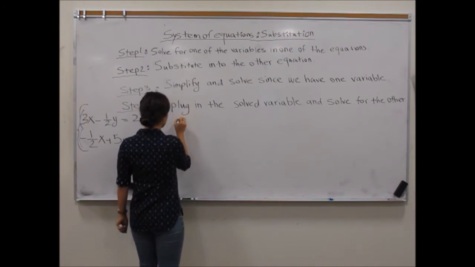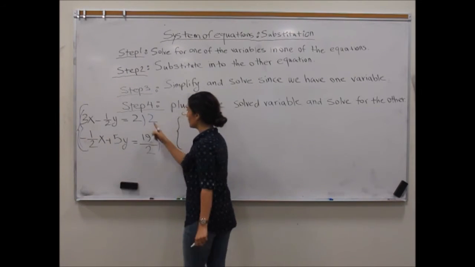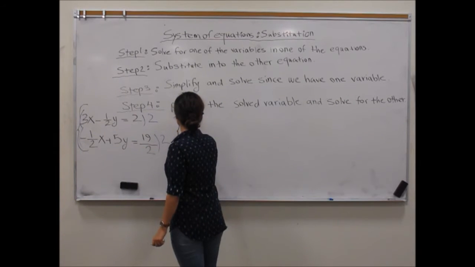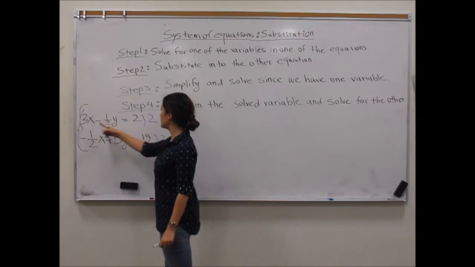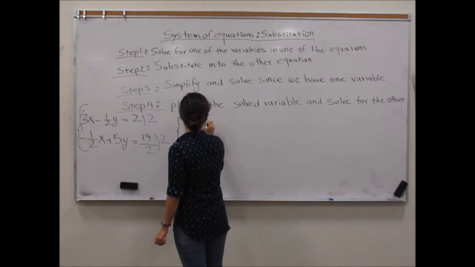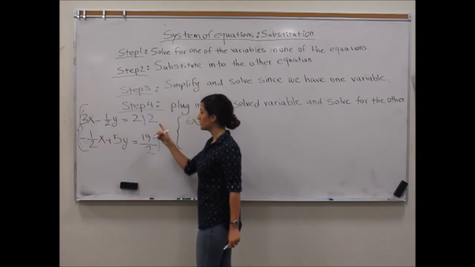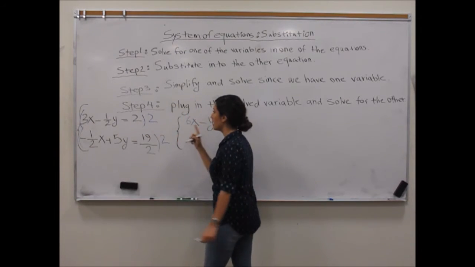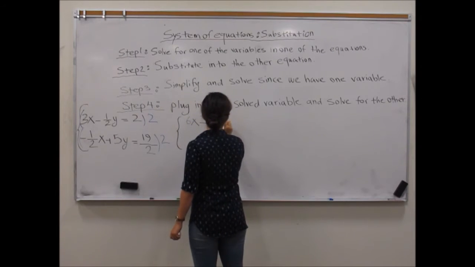So the new system would be 2 times 3x is 6x. 2 times negative 1/2 y is negative y, because 2 times negative 1/2 is just 1. And then 2 times 2 is 4.